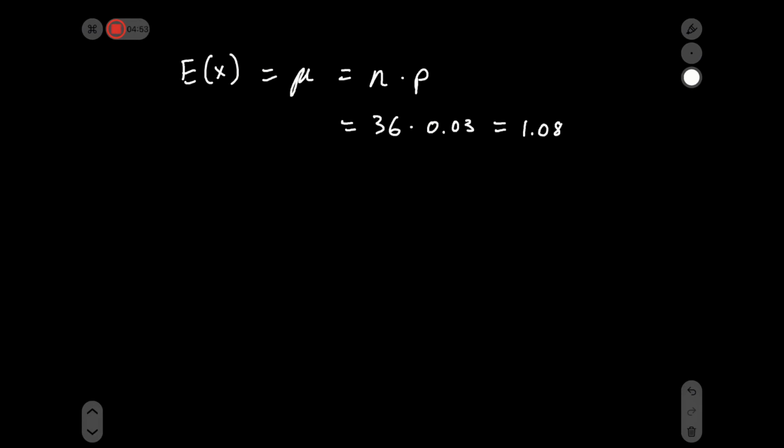A few other questions that we might find relevant for the binomial distribution. We might want to know, what is the mean? In other words, what's the expected value of x, which is equal to mu? And this is equal to n times p, which for us is 36 times 0.03, which is 1.08 customers.